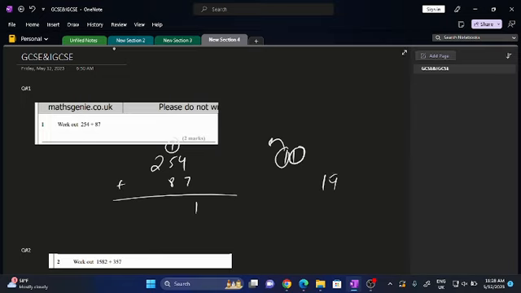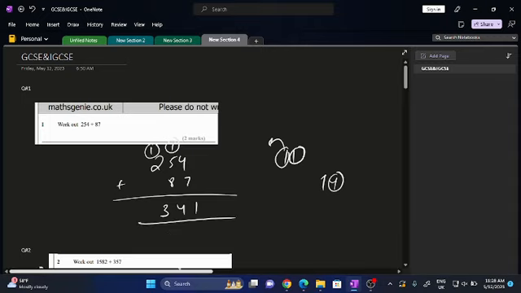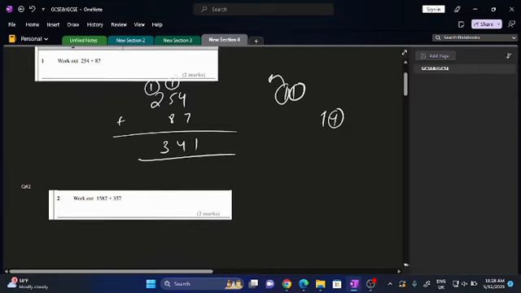So 4 can be written over here, and the left part, that is 1, is taken as a carry. So 2 plus 1 would be 3. As a whole, the addition of 254 plus 87 gives you your answer as 341. This is a simple addition.